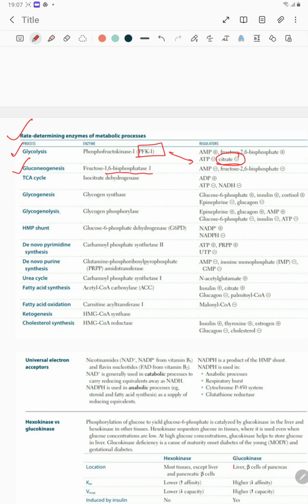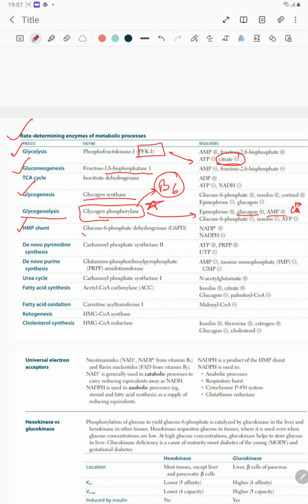Then the important ones: glycogen synthase, rate limiting for glycogenesis. Glycogenolysis: glycogen phosphorylase, a many times asked question. Glycogen phosphorylase is activated by epinephrine, glucagon, AMP along with calcium. So calcium is also one of the activators of glycogen phosphorylase. The cofactor for glycogen phosphorylase is vitamin B6.